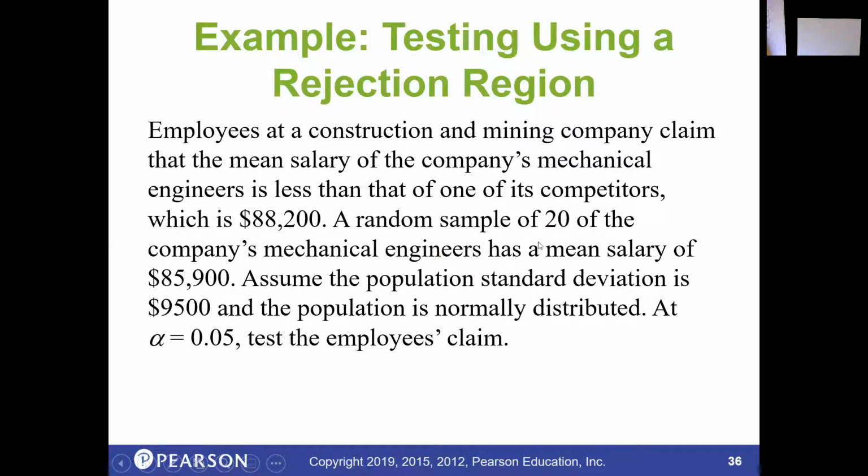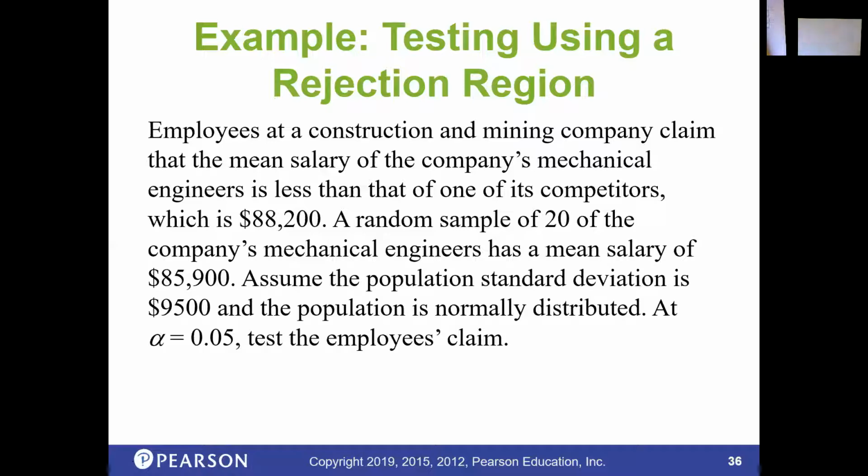Because you gather up these 20 people, ask them their salary and compute the mean, this is the sample mean. They've told us to assume population standard deviation sigma is 9,500. So it sounds like we have everything we need here for this problem.